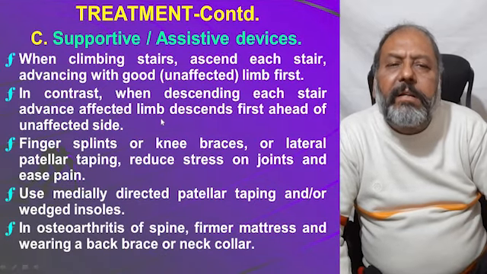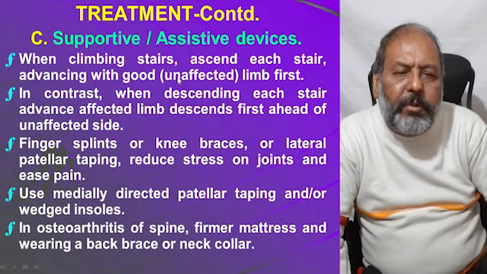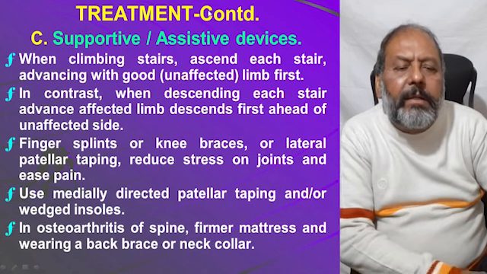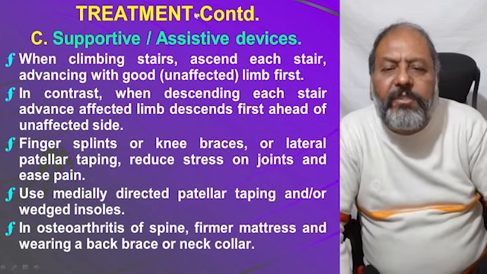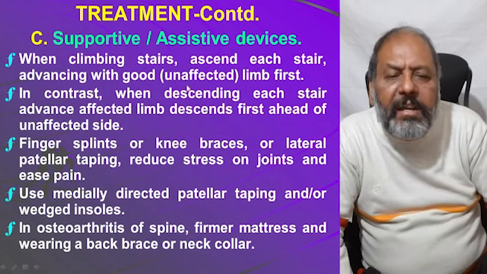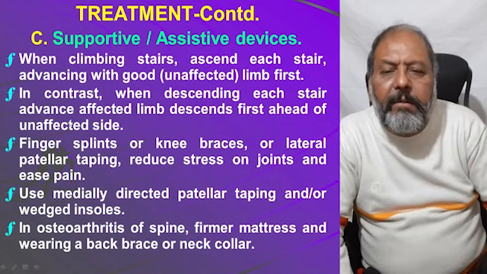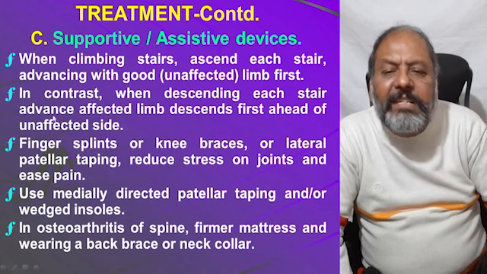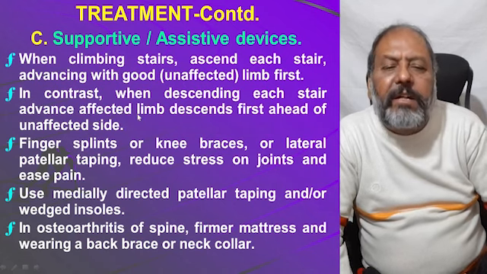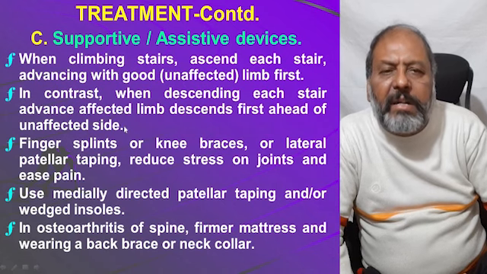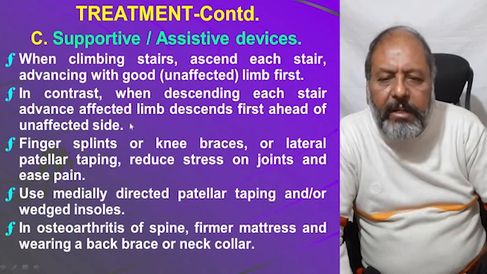Now, when climbing the stairs with supportive or assistive devices, ascend each stair advancing with the good, normal or unaffected limb first. But in contrast, when descending each stair, advance the affected limb first, ahead of the unaffected or normal side.